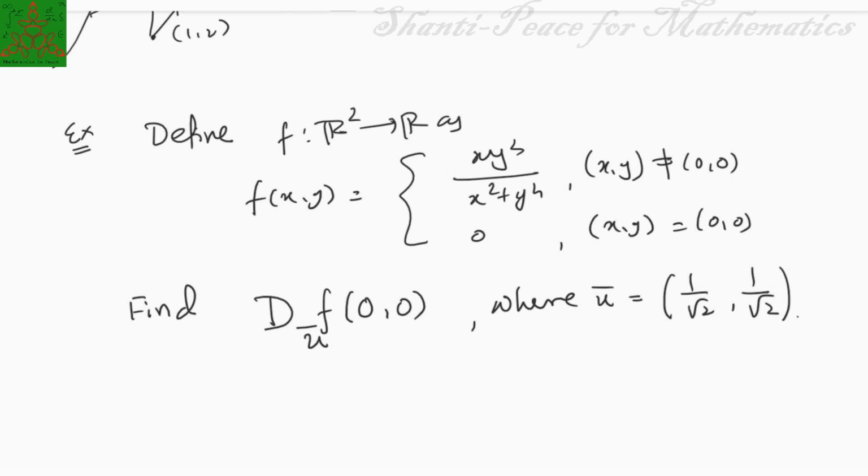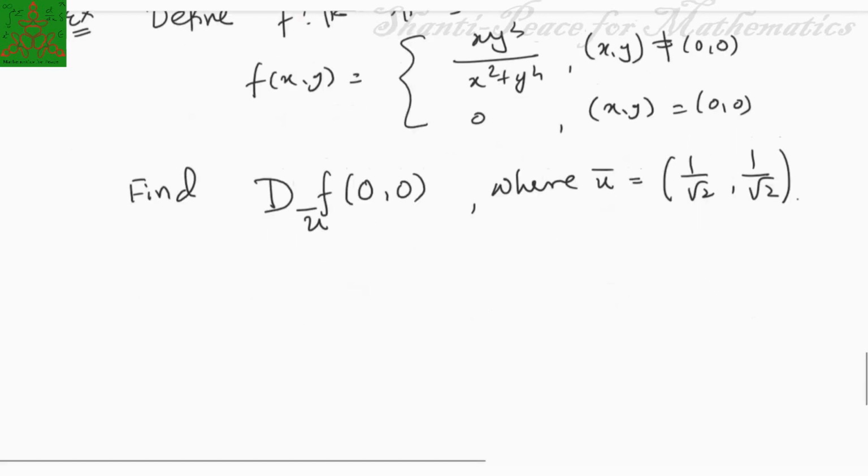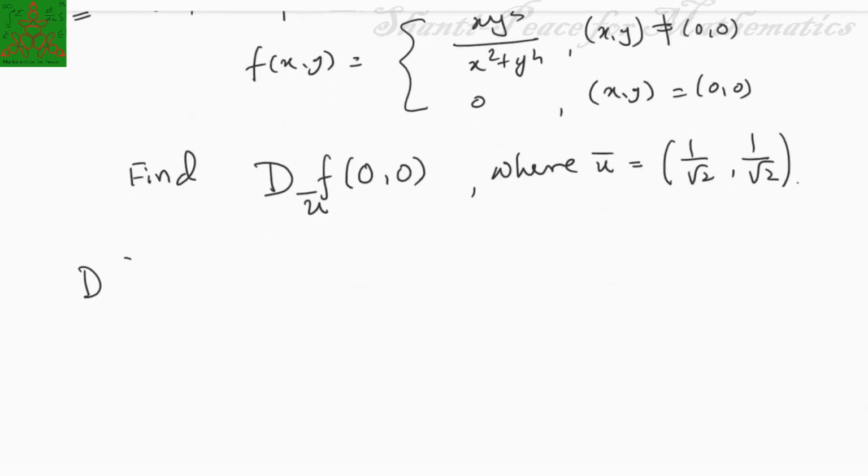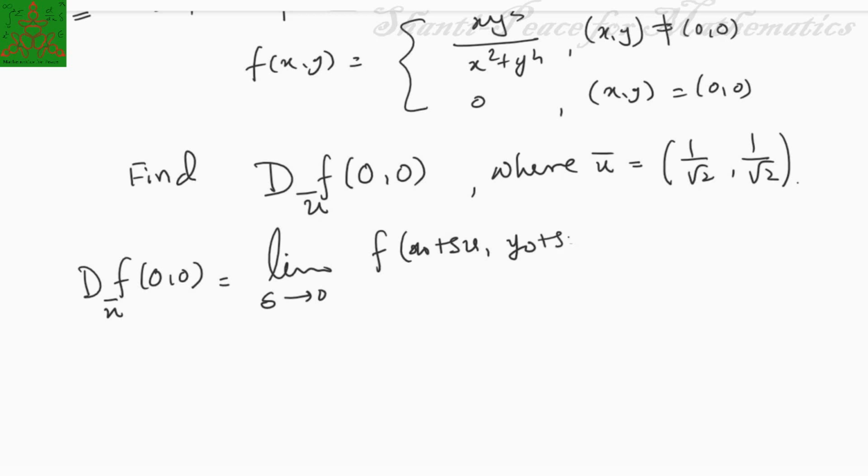So by definition, what is this quantity, the directional derivative of f at point (0, 0) in the direction of u bar? If you apply the limit definition, it is limit s tends to 0 of f of (x0 plus s u1, y0 plus s u2) minus f of (x0, y0) upon s.